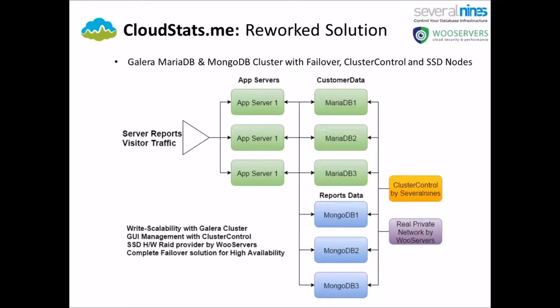So the current architecture after we implemented ClusterControl and clusters looks like this. We have application servers which are load balanced in front of them, and they are receiving the traffic from server reports, visitors, etc. And then we have 2 database clusters which are linked to every single application server through HAProxy, which performs load balancing separately for each cluster.